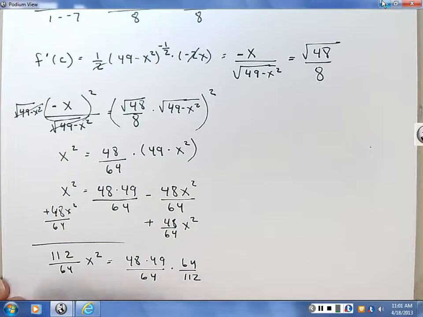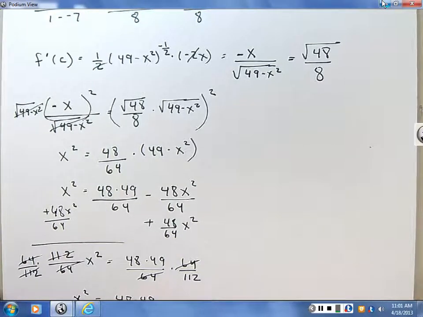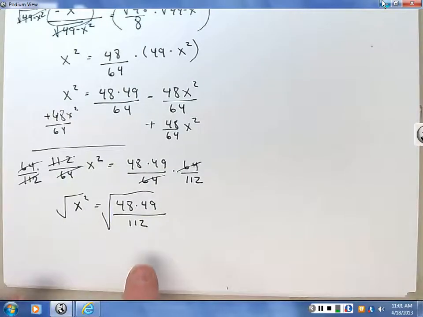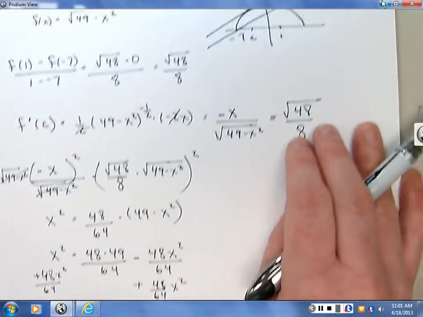So if I multiply both sides by 64 over 112, I get x squared equals 48 times 49 divided by 112. So if I take the square root of both sides, it gives me a plus or minus value. I have to look at my interval to see what's in there.